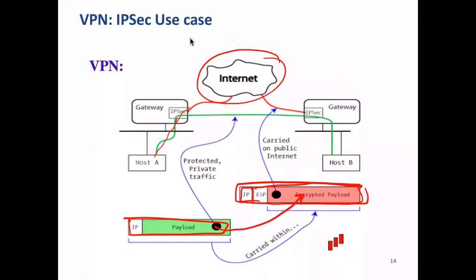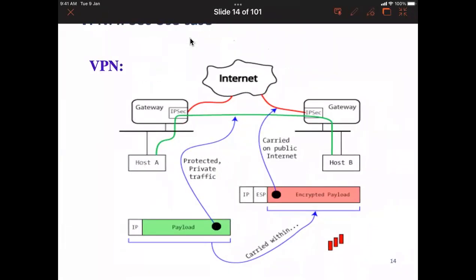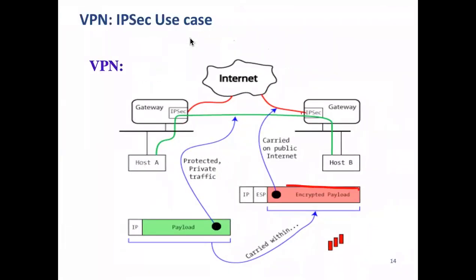Then this packet goes over the internet, and when it reaches here, all these things are removed, decrypted, the authentication check happens, and the original packet is recreated and given to the host.